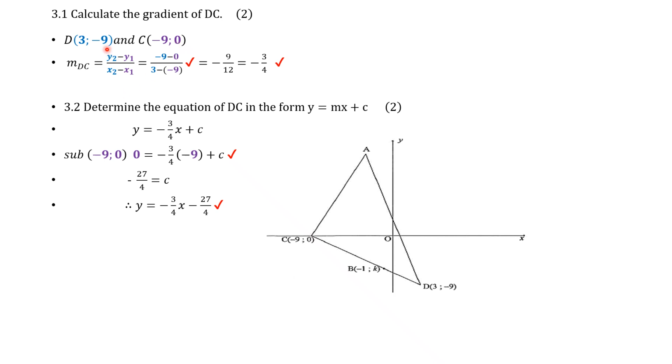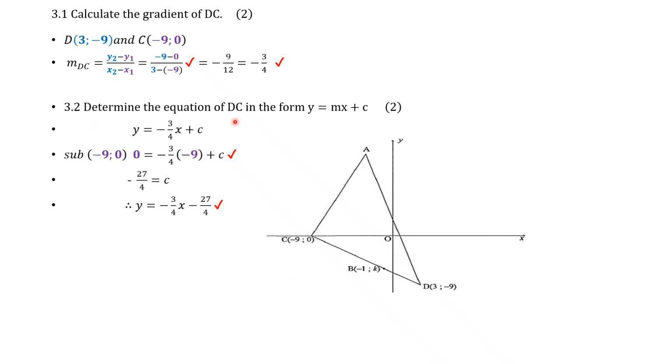So on the top, -9 minus 0, then 3 minus -9, which gives me +12 at the bottom and -9 on top. We simplify: 3 goes into 9 three times, 3 goes into 12 four times, so my gradient is -3 over 4. So 1 mark for correct substitution and another mark for the correct value.